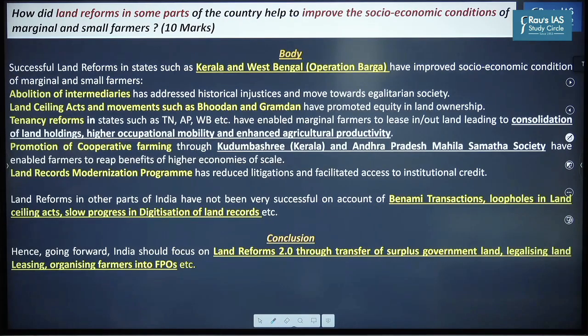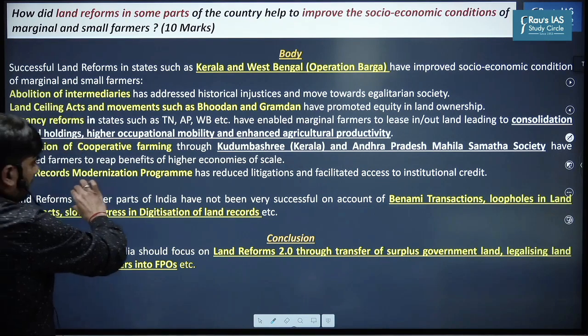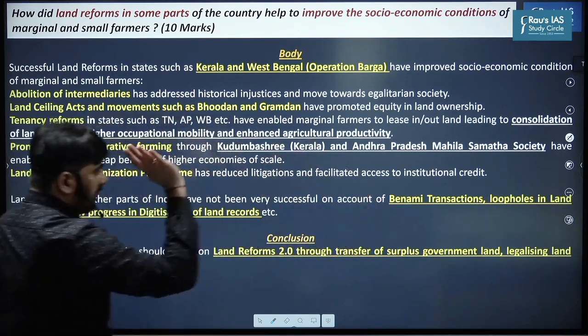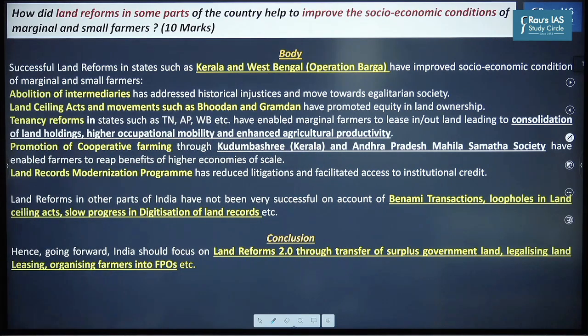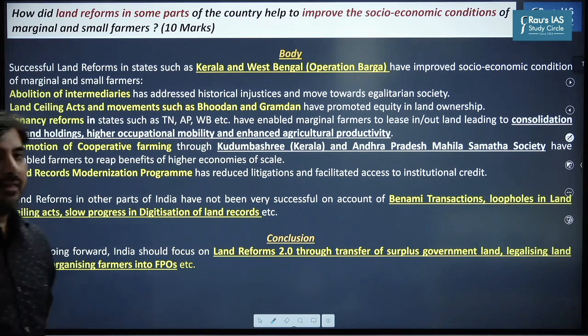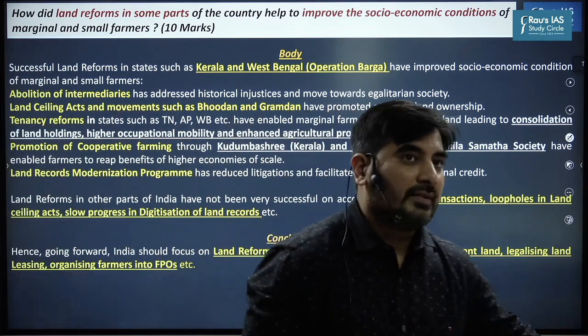And then in the body of the answer, successful land reforms in states such as Kerala, West Bengal have improved the socio-economic conditions of marginal and small farmers. So 5 to 6 points here. And then land reforms have not been very successful because of 2 to 3 reasons. And then the conclusion. Are we clear on this?